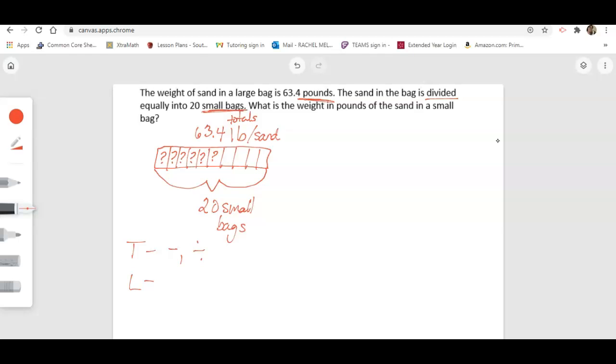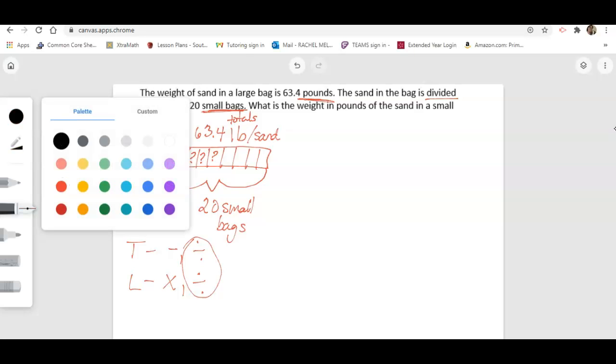So those are definitely different labels. So if they are different labels, I'm going to multiply or divide. So I can see that I'm going to divide. All right, so like the last problem, I'm going to use the box method. Let me change to black to draw the box.